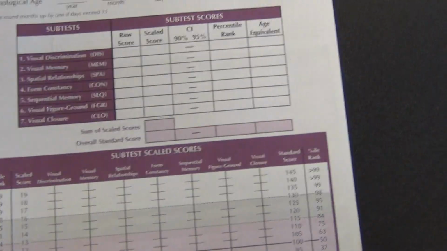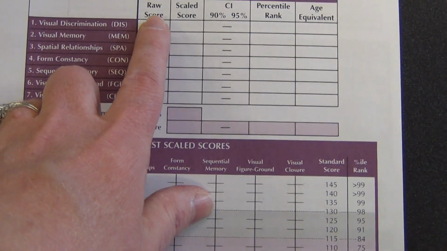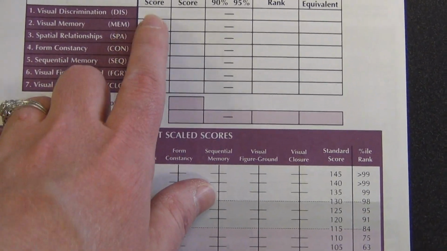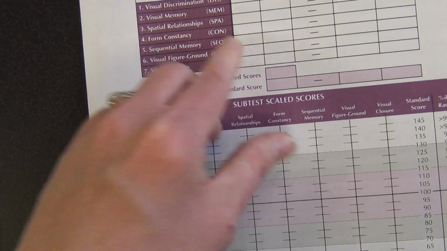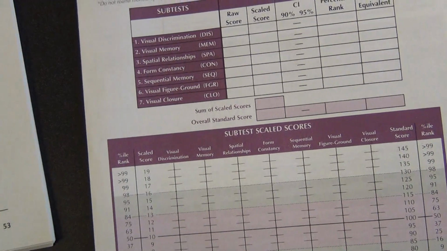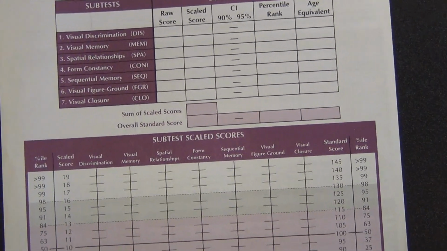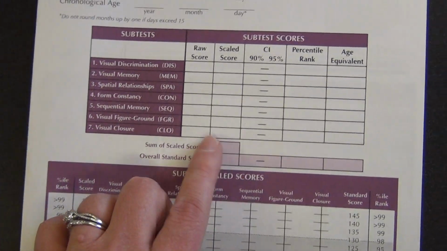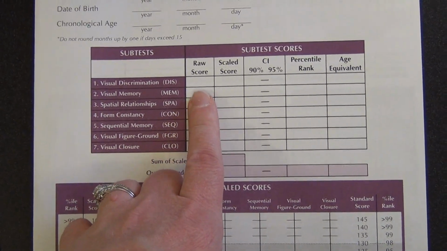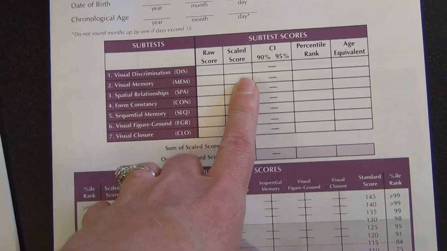And then you'll go back to the front page and put the raw score for each of those subtests in that column. In the manual, there are a variety of charts that you can use to figure out the scaled scores and the other items.